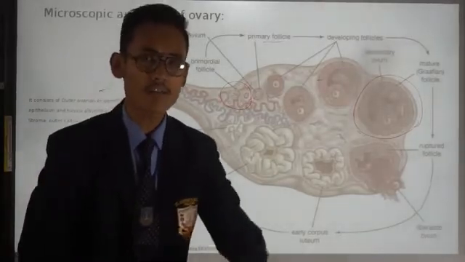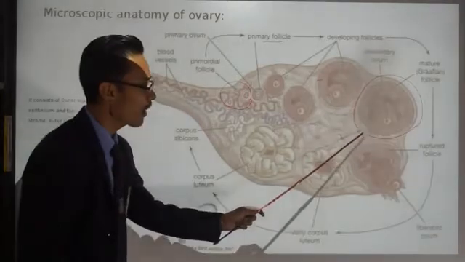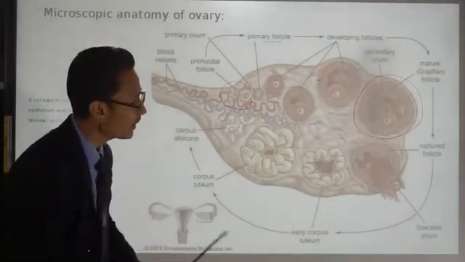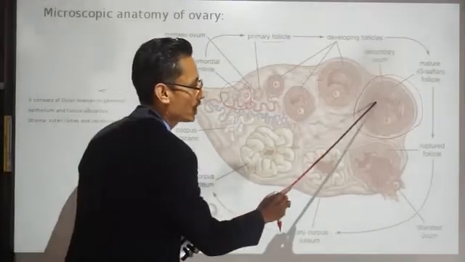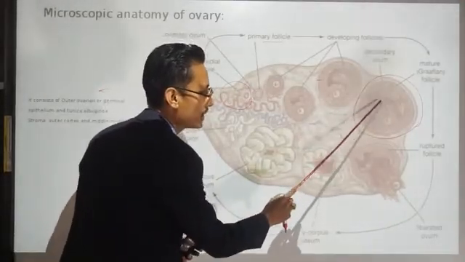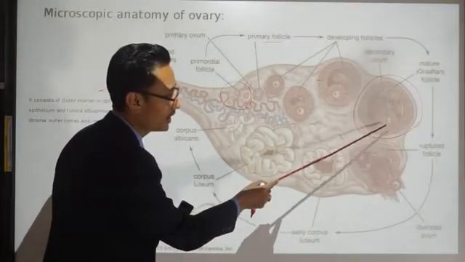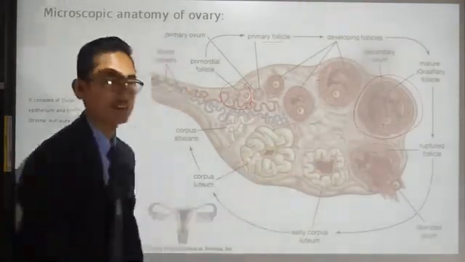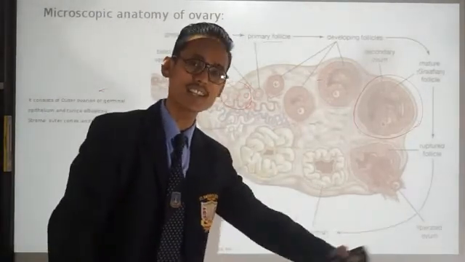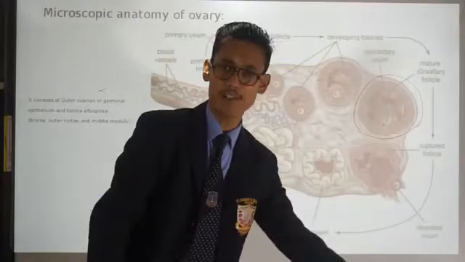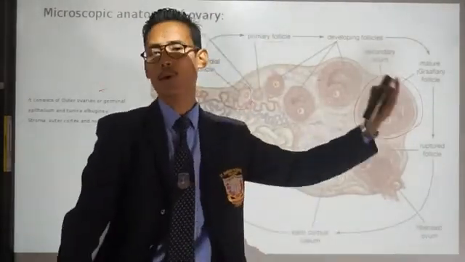Now, how to identify the Graafian follicle? Look over here. In the Graafian follicle, we will find a fluid-filled cavity which is called the antrum, and this one is the secondary oocyte or the ovum. We'll talk afterwards about why we call it the secondary oocyte and not the ovum, when we discuss gametogenesis and the menstrual cycle.